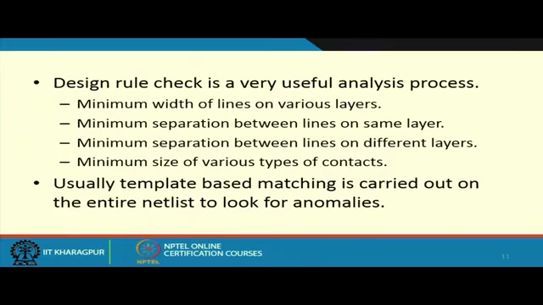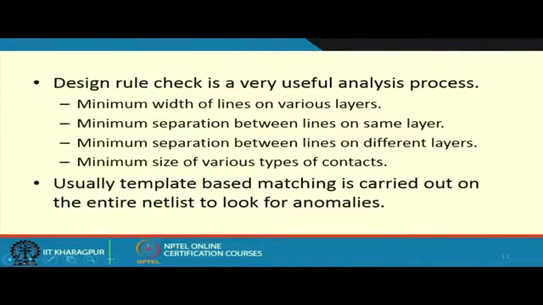So, as technology scales down, say from 0.25 micron to 0.18 micron to 0.12 micron to today's around 22 nanometer and beyond, the design rules keep changing, but all the rules are in terms of the basic feature size lambda.